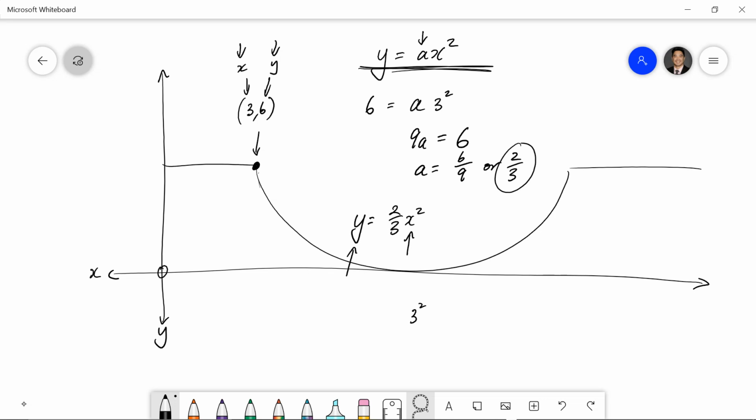If we substitute x for 3, we get 3 squared, that is 9, and we multiply it by 2/3, so 9 over 1. Assuming that you are familiar with multiplying fractions, 2 times 9 is 18. Divide that by 3 is equal to 6. So that does fit. It does check out. It's probably a really good way to make sure that your working out is correct. But that's how you would answer that question.